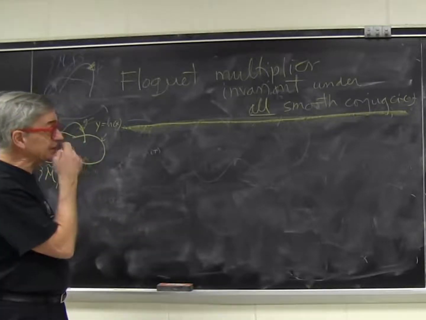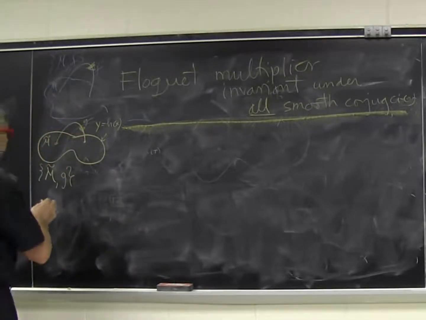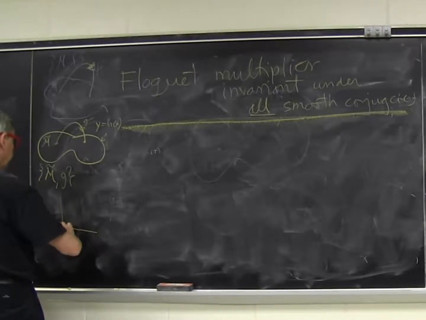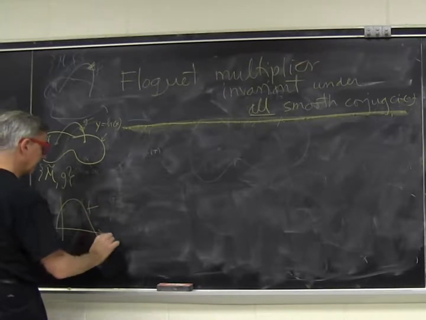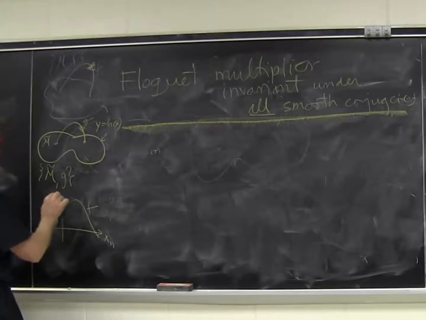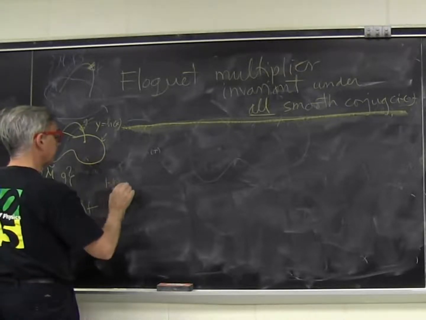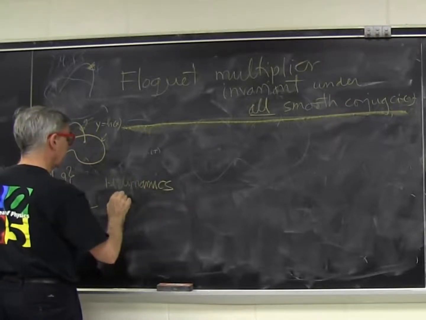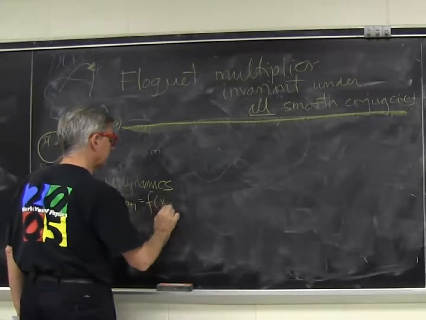And now what you would like to know is if you have a fixed point in your original system. So if your original function was f, and this is where you are at time n, and this is where you are at time x_{n+1}. So you have simple 1D dynamics. x_{n+1} is just a function of x_n.